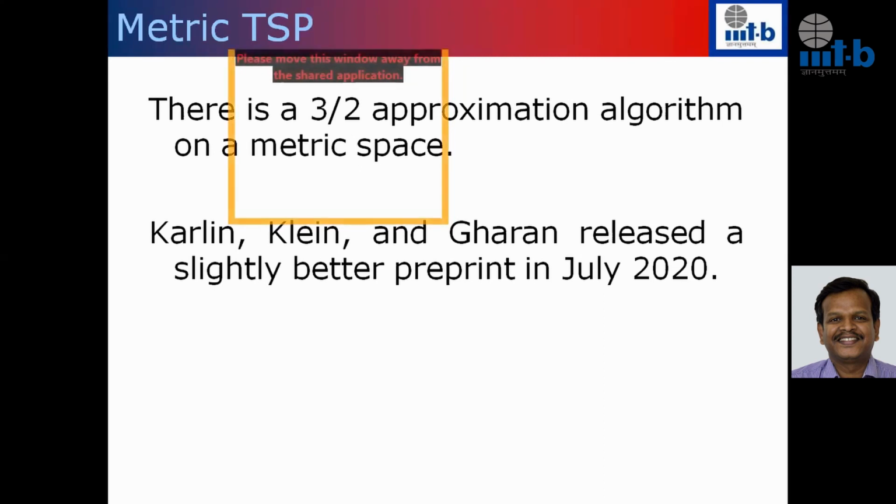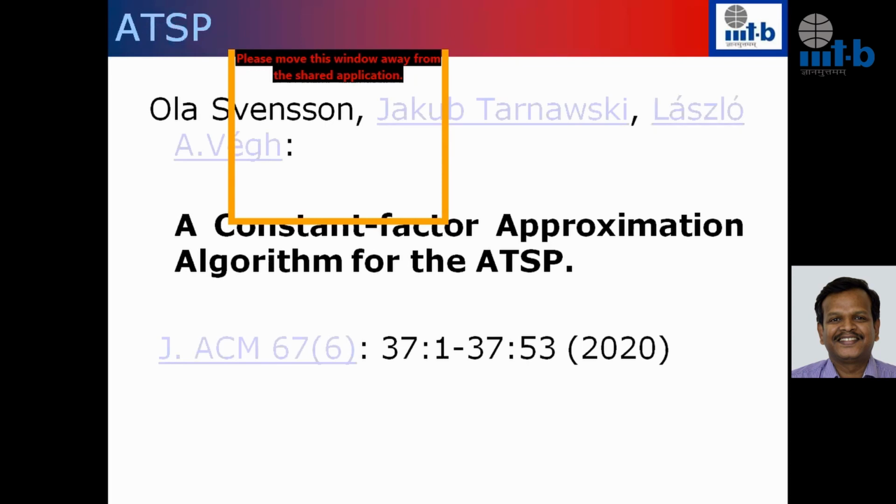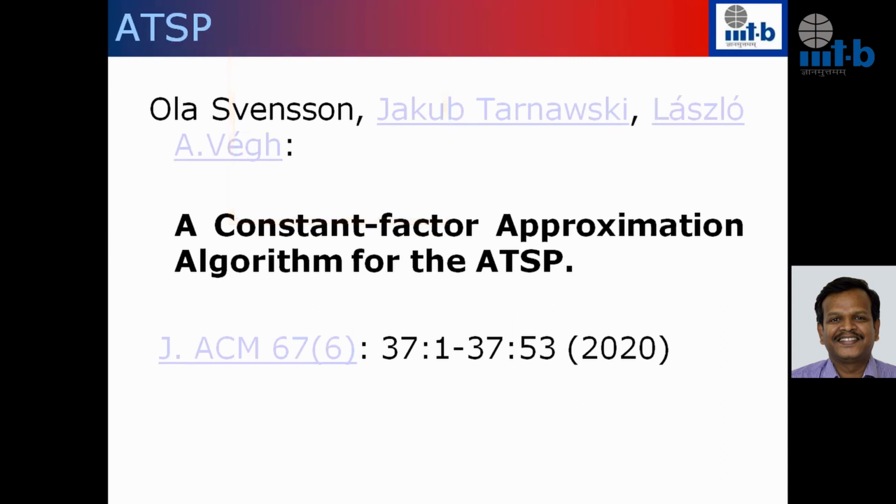And there is also the case of directed graphs, which is known as the asymmetric TSP. No constant factor approximation algorithm was known till recently. So the following authors, again published in the Journal of ACM in 2020, have come up with a constant factor approximation algorithm for the asymmetric traveling salesman problem.